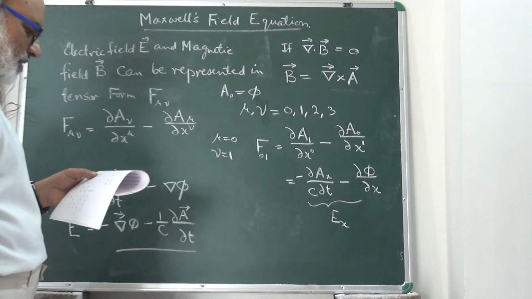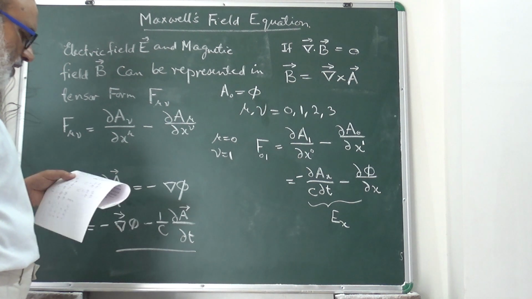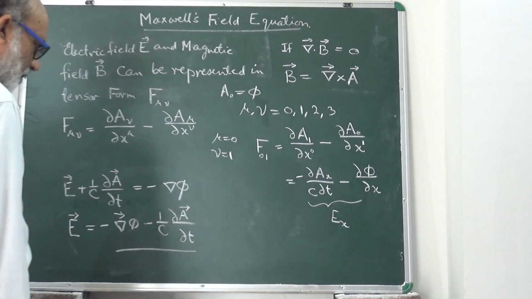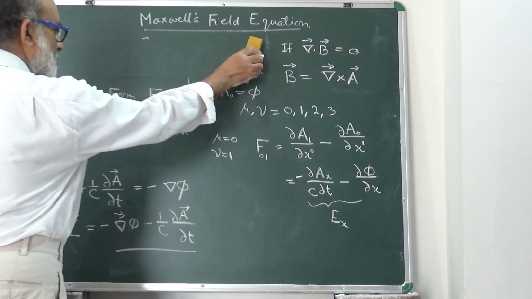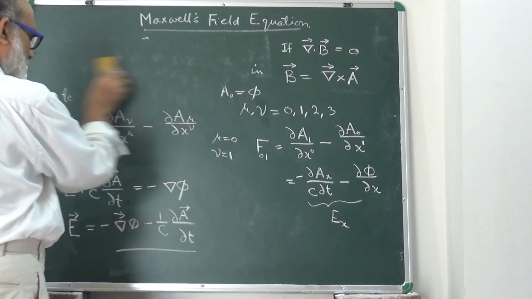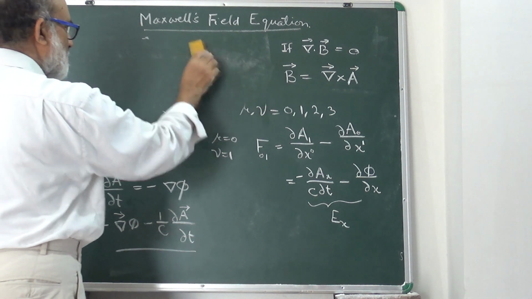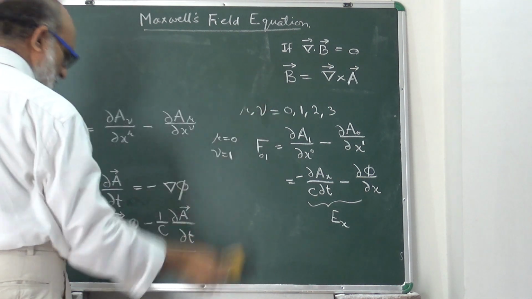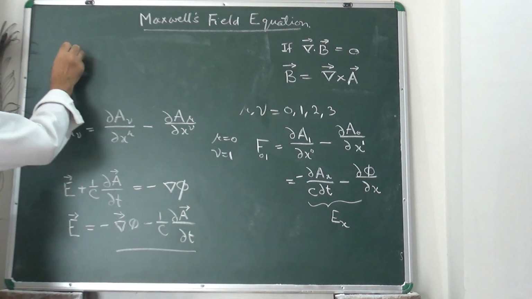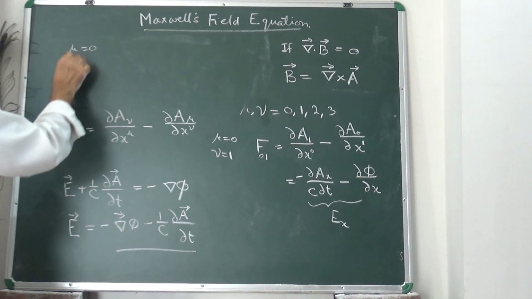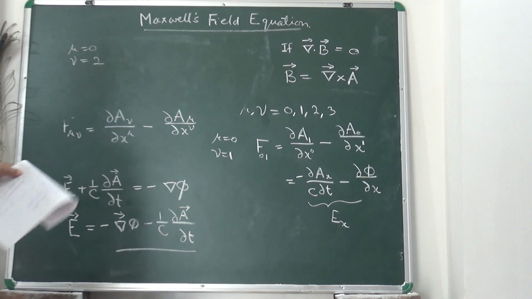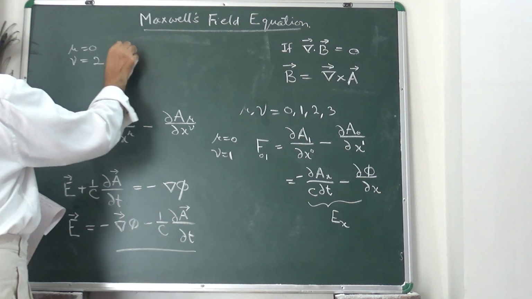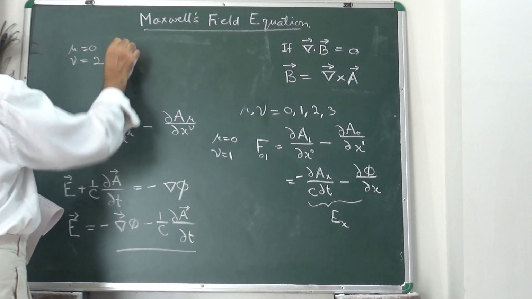Similarly, if you take, suppose, mu as 0 and nu as 2, it means F02.